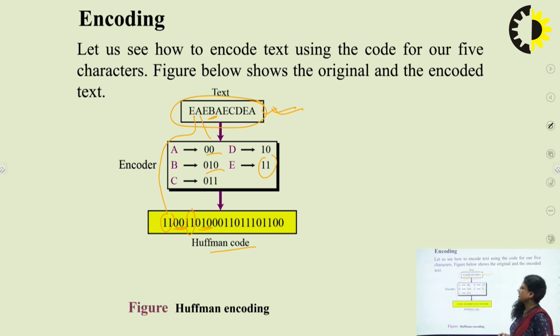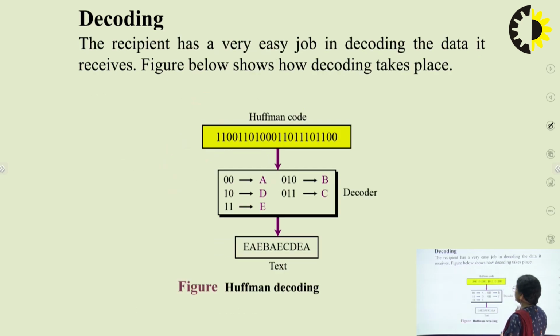So every symbol in the data that we are trying to compress, we replace in such a way that the most frequently occurring symbols are represented by shorter codes and vice versa. This ultimately leads to data compression. The decoding will follow in the reverse direction.